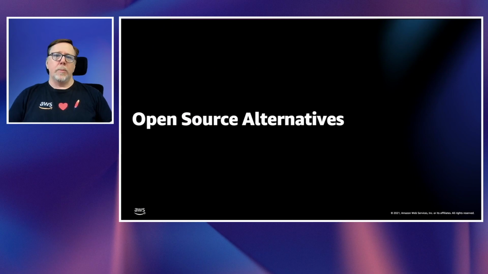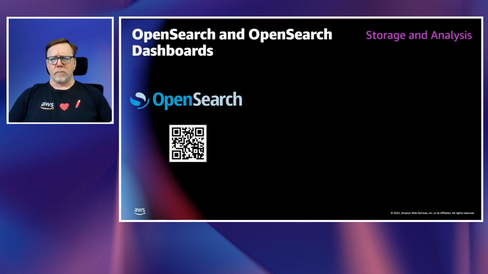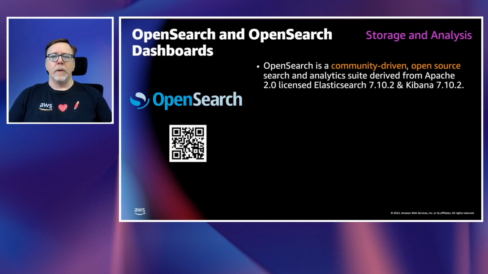So let's talk through some of the open source alternatives. First of these we're going to talk about is OpenSearch and OpenSearch Dashboards. OpenSearch is a community-driven open source search and analytics suite. It's derived from Apache 2.0 licensed Elasticsearch 7.10.2 and Kibana. The OpenSearch project is really the way that we are carrying forward that core search and analytics capability into the open source world.